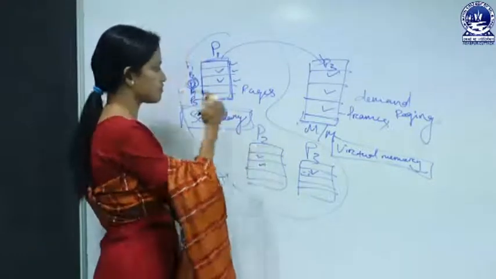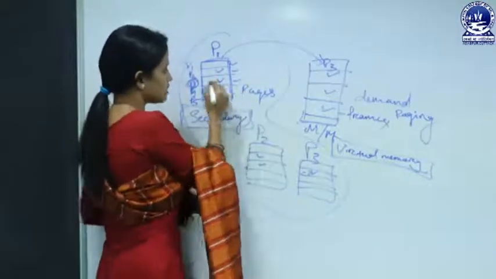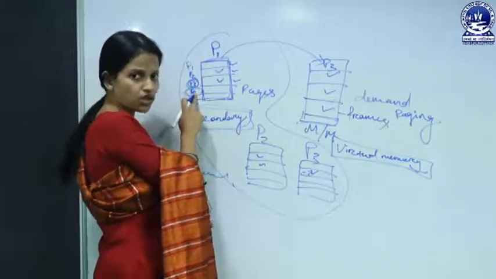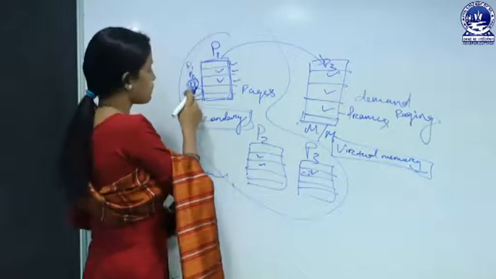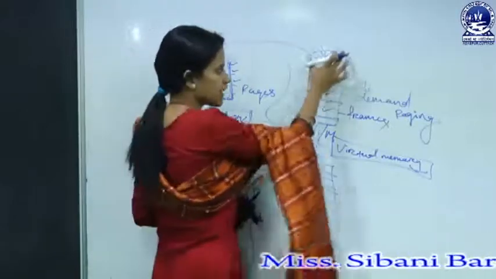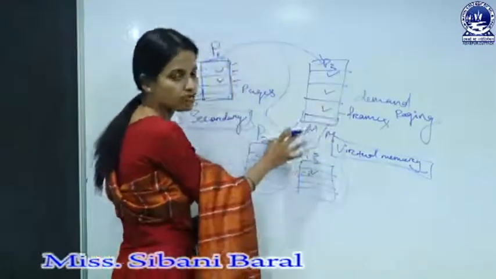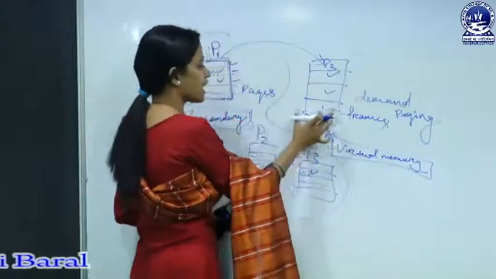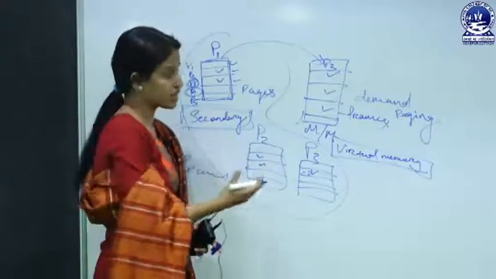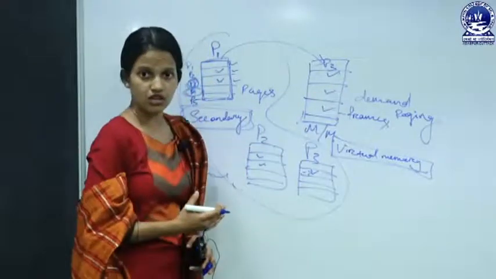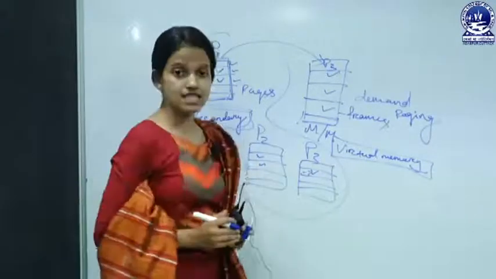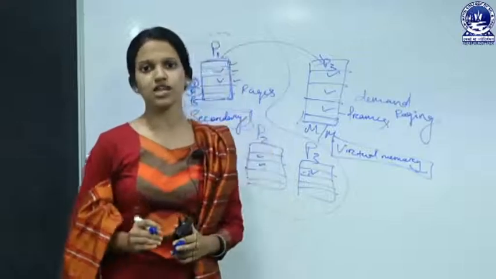Suppose the P4 block has to be executed and the P4 block is not in the main memory. Suppose now the main memory is full. Fine, the main memory is full and some pages of the secondary memory have to be executed, but there is no space in main memory. Then what will happen? In this situation a replacement algorithm is to be used.